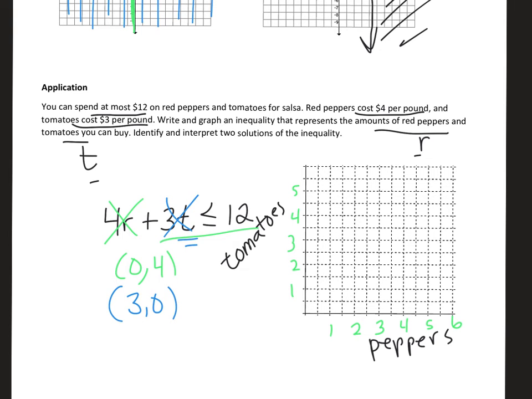So I'm going to plot the points 3, 0 and 0, 4 and connect. And it's less than or equal to, so I'm going to shade underneath.